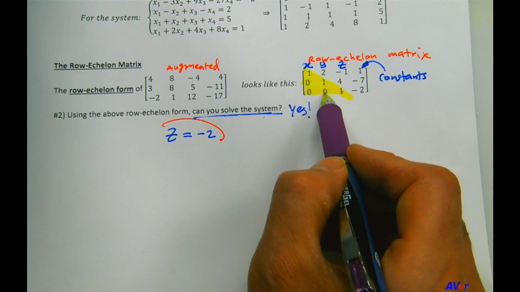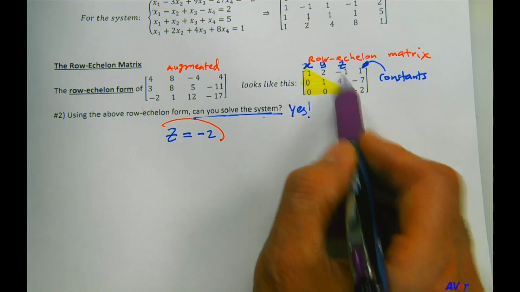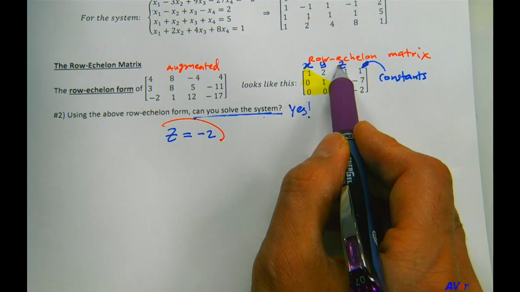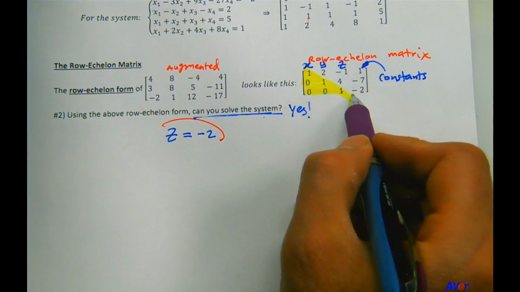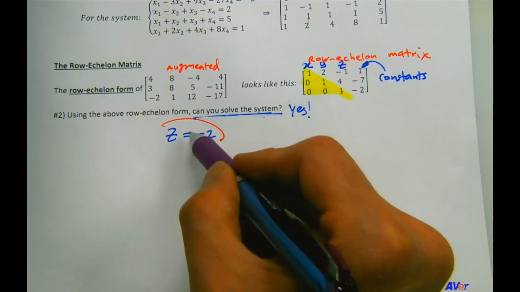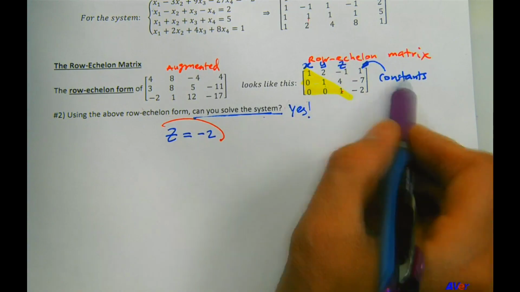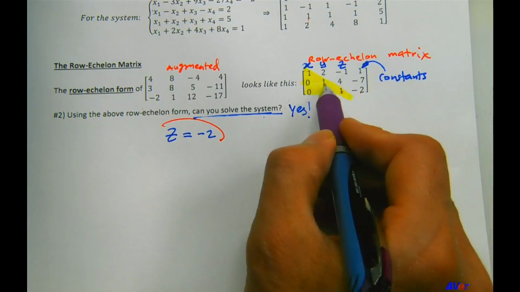This column represents the coefficients of y in 3 different equations. And this column represents the coefficients of z in 3 different equations. So starting from bottom up, rewrite the original equation with the variables. This is 1 times z is equal to the constant, -2. We're done with that. Then move up.